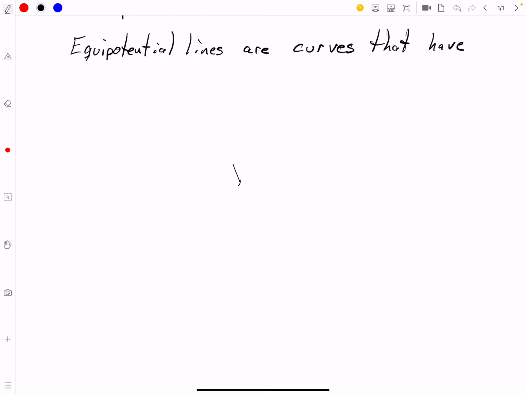Let's look at it a different way. We think of equipotential lines as curves that have the same V potential.